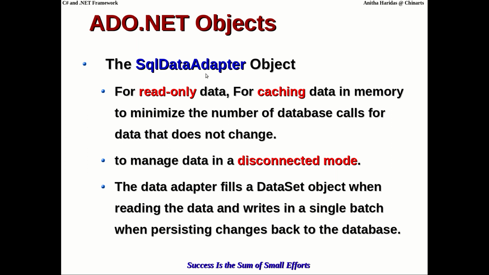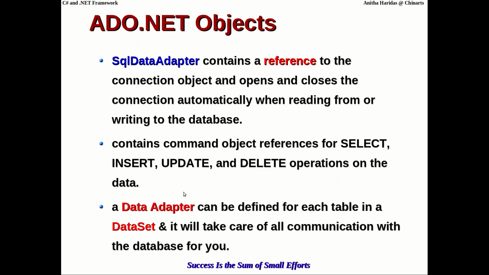The SQL adapter reads the data and stores it in the data set. All the manipulation will be done on the data set. Once the manipulation is complete and you want to make the changes permanent, it will again use the data adapter to write the data to the database. So that is how it works.